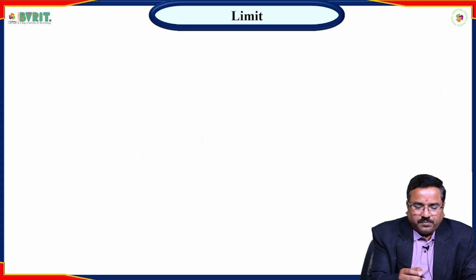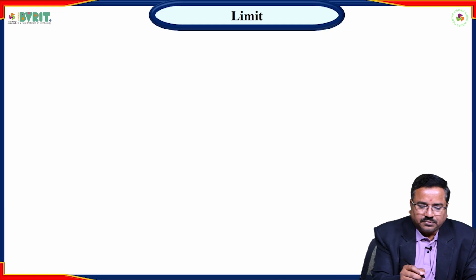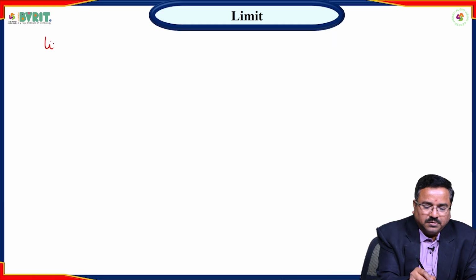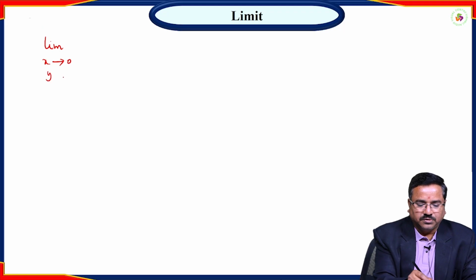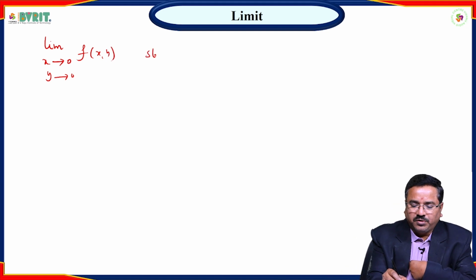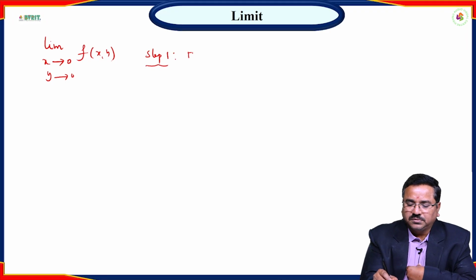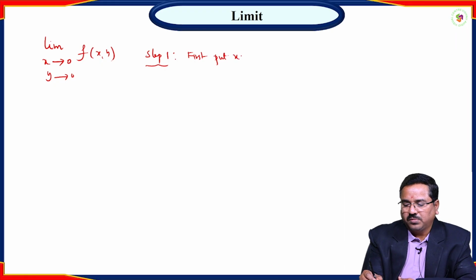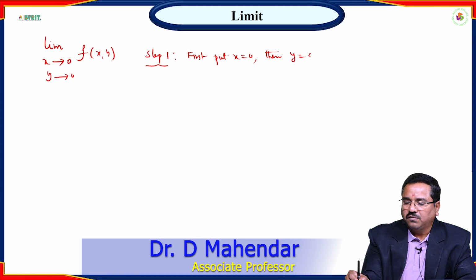So the working rule for computing the limit as x tends to 0, y tends to 0, of f of x comma y. How to find the limit of this? Step 1: first put x equals 0, then y equals 0.